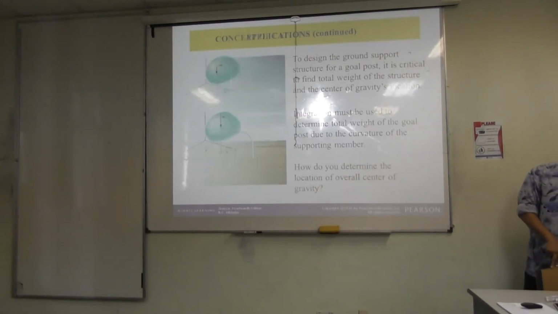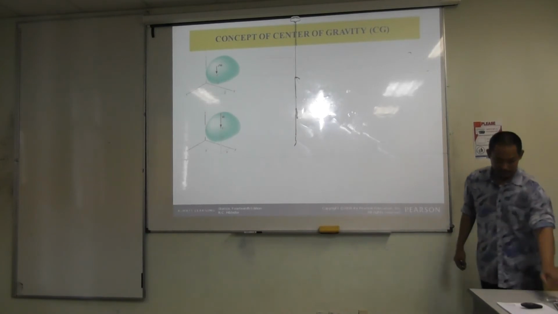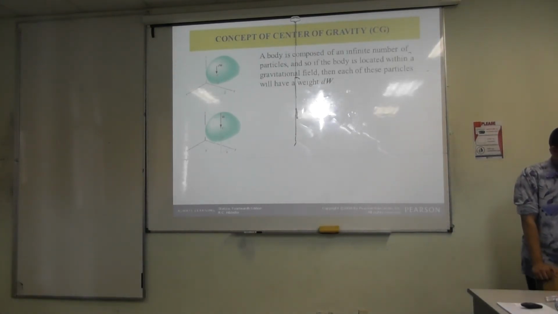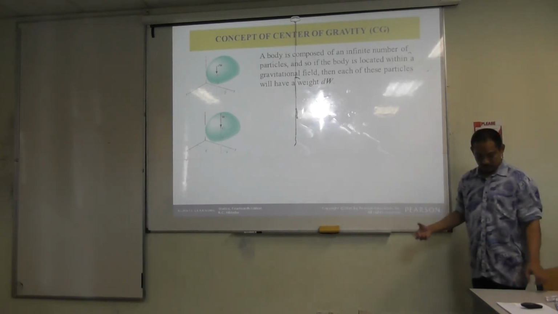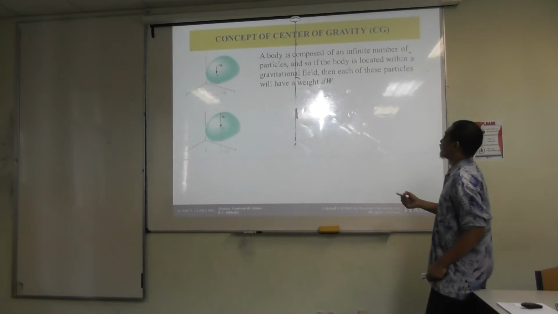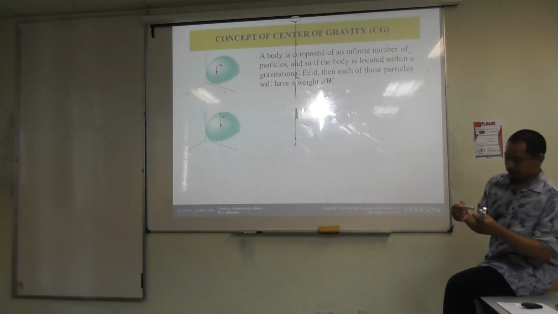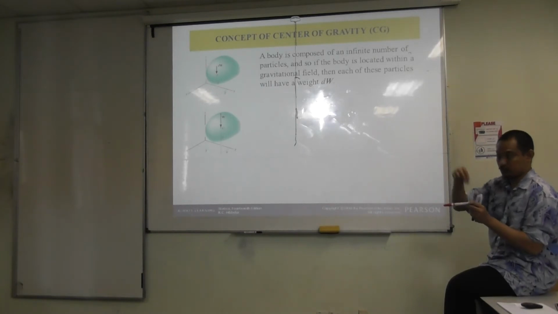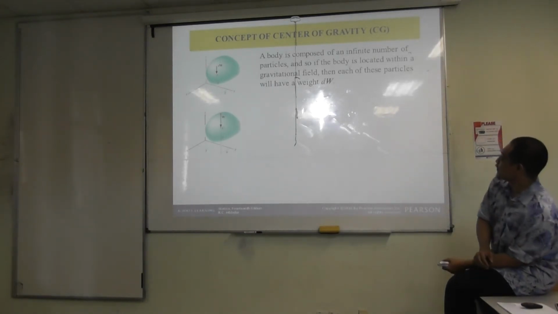So, alright. Now the concept. So basically, any object that we can refer to, you can consider this as consisting of particles, and each particle will have its own weight. Right, that's the idea.